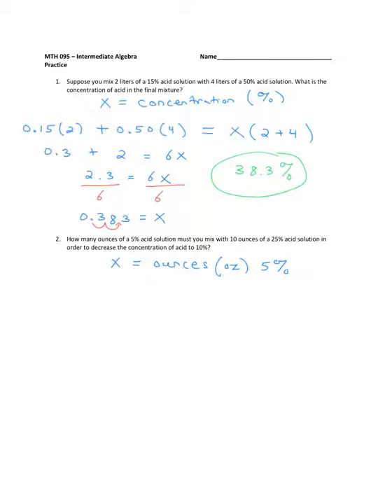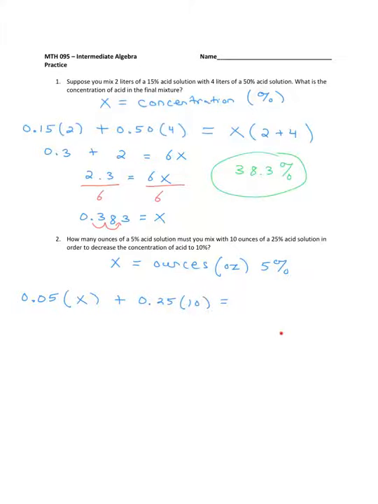So I'm going to start by, let's see, I have some number of ounces of something that's 5% acid. So when I express that, it's going to be 5%, which is 0.05, but it's going to be multiplied by x. To that, I'm going to add, okay, I have 10 ounces of something that's 25% acid. So in this example, the variable, it's not a percentage, but it's an actual amount of something that you're pouring in. Again, we have 2 terms because we're mixing 2 things together.